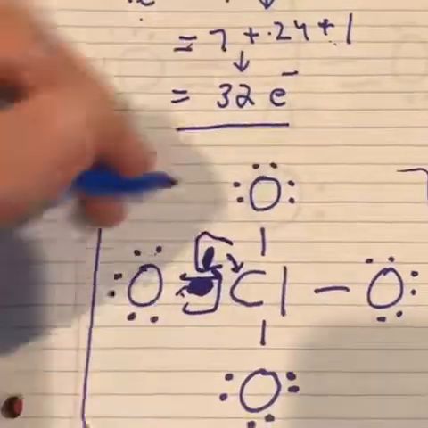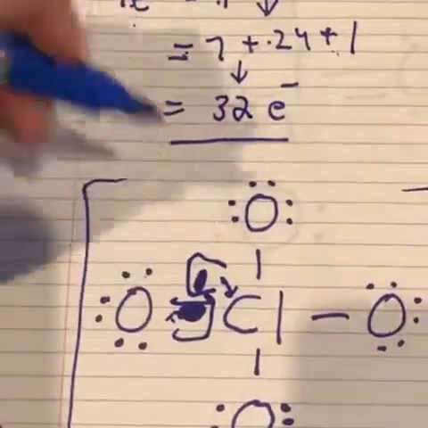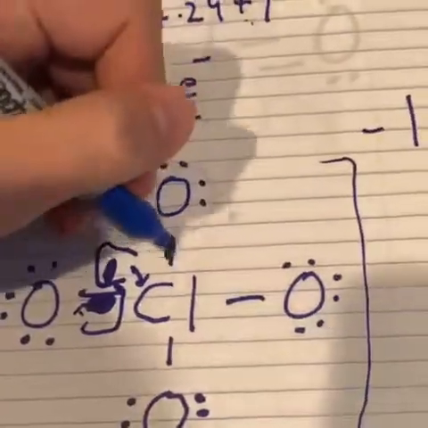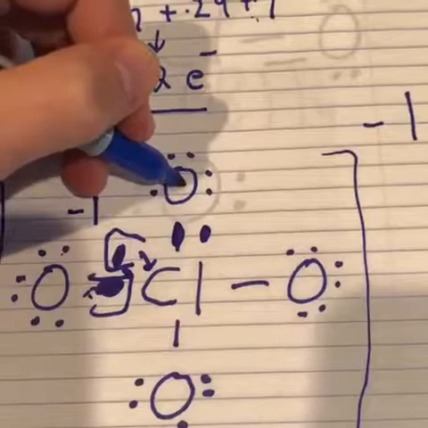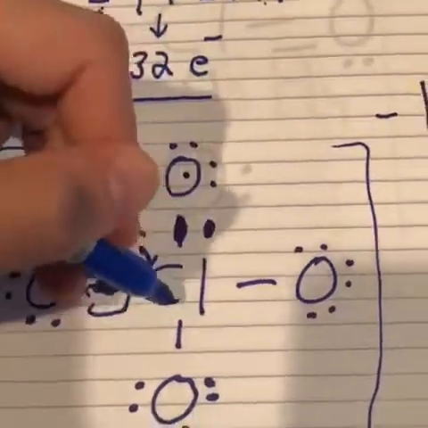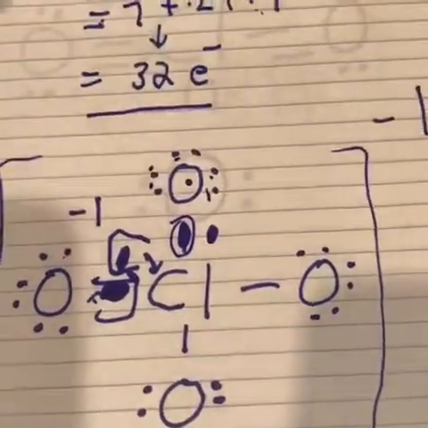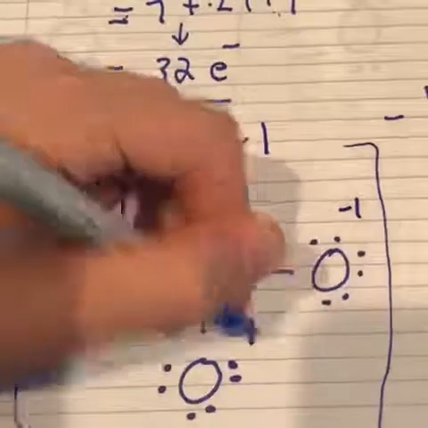So oxygen has 7 valence electrons on it, and it needs 6 usually. So it has an extra electron, so it's going to have a -1 charge. Same here. Remember, both electrons are shared, so oxygen owns one of them, chlorine owns one of them. So oxygen has 1, 2, 3, 4, 5, 6, 7. It needs 6. It has 1 extra, -1 charge.